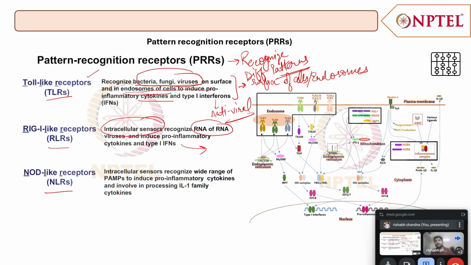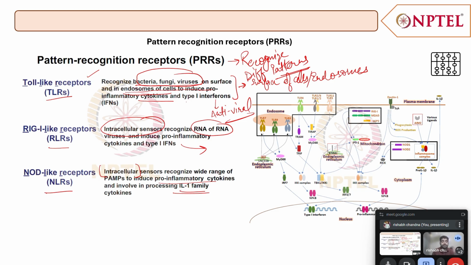These are also intracellular and recognize various pathogen-associated molecular patterns to induce pro-inflammatory cytokines, basically production of the IL-1 family. The TLRs and the RLRs produce type 1 interferons, but the NOD-like receptors majorly induce the production of the IL-1 family of cytokines.